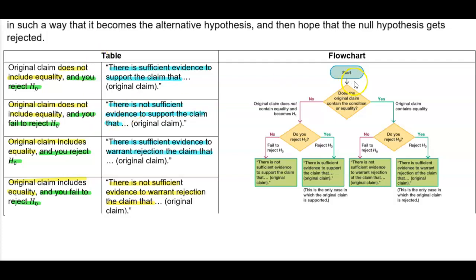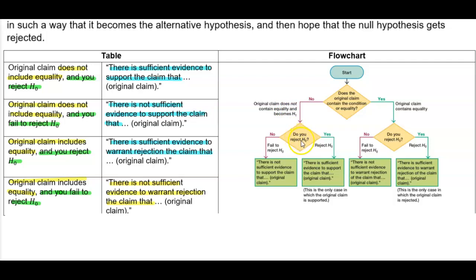Now another way of looking at this is on the right side, which is the flow chart. So you would start here. You would start and it says, does the original claim contain the condition or equality, meaning the equal sign? If it is no, then we would say the original claim does not contain the equality, and then it becomes the alternative hypothesis.